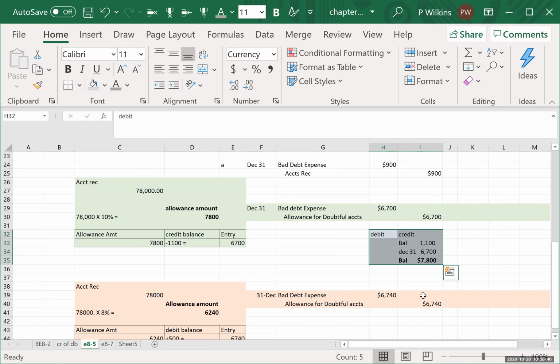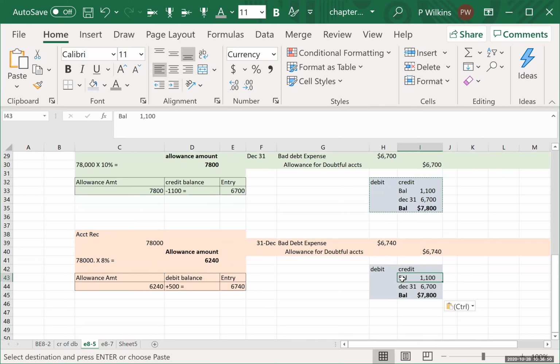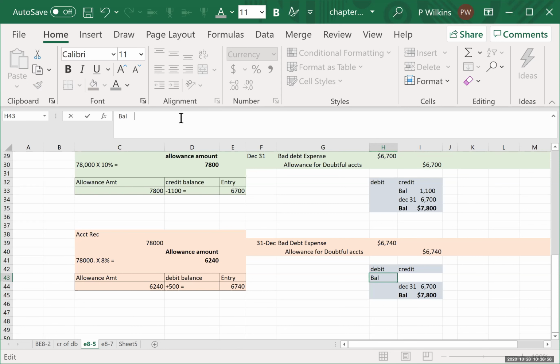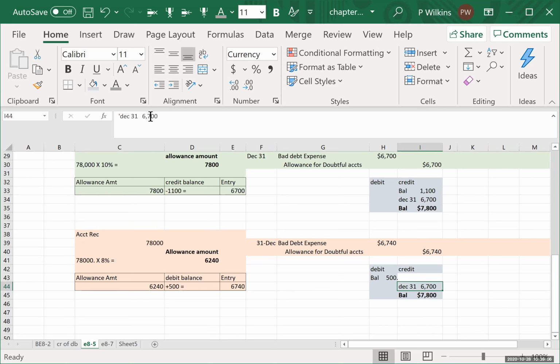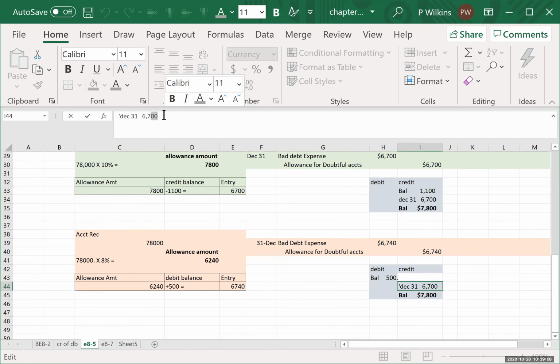Now, if we take that same one and say that it had a debit balance of $500, because that's the other problem, then we would add that to what we want our entry to be. So our entry would be 6740.